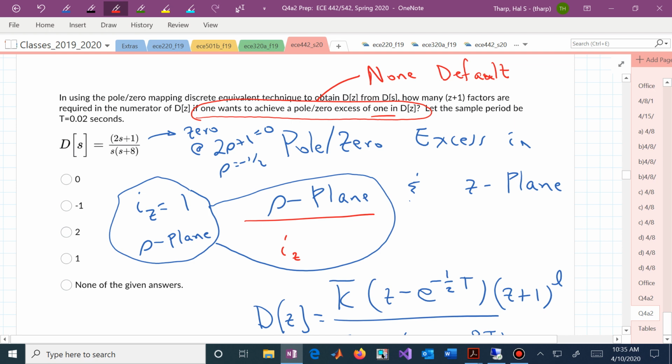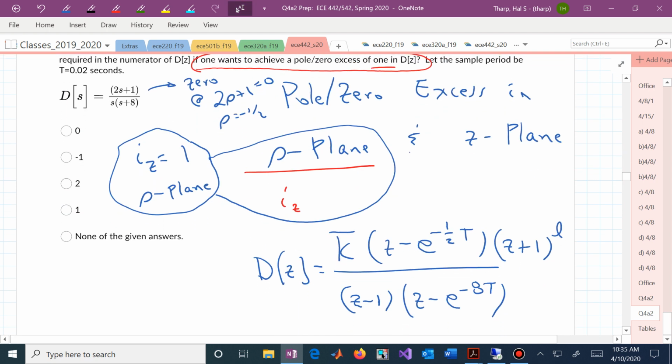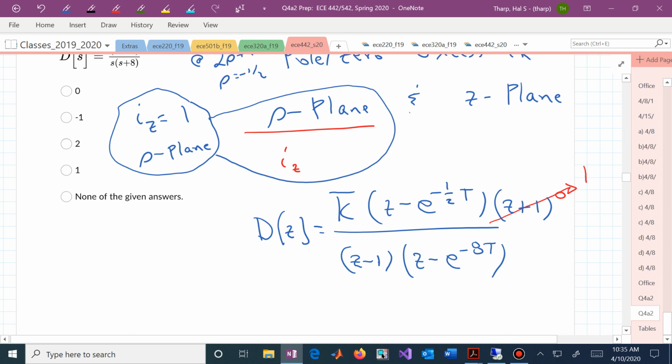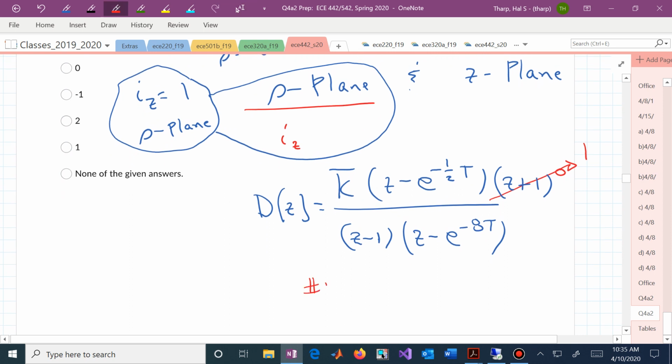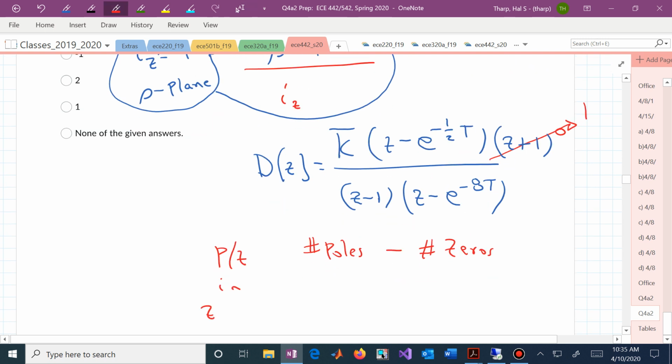That would be the default, but I'm asking you actually to do something that's a non-default condition. Now we are saying I want the pole zero excess in D of z to be 1. That means that this L needs to be 0 so that this goes to 1, and now I have two poles minus the number of zeros is my pole zero excess in Z-plane.